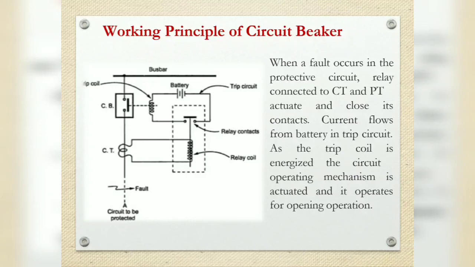Thus the trip circuit of a circuit breaker gets closed and current starts flowing from the battery through the trip coil. The trip coil of the circuit breaker gets energized, and this activates the circuit breaker opening mechanism, making the circuit breaker open.